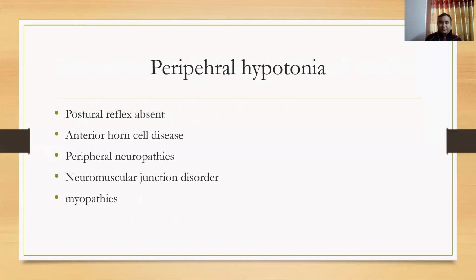Regarding peripheral hypotonia, if the postural reflex is absent, and the child does not have any feature of central involvement like seizure or abnormal consciousness, then we need to think about peripheral hypotonia.